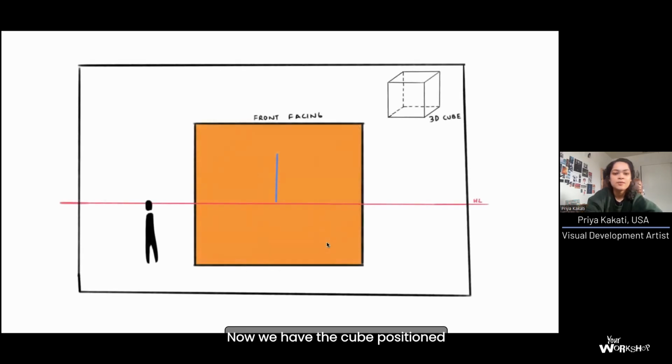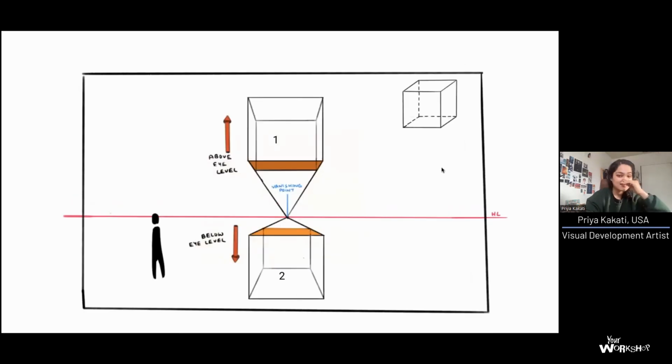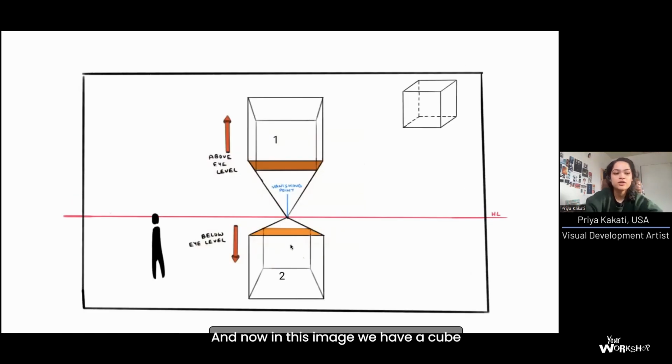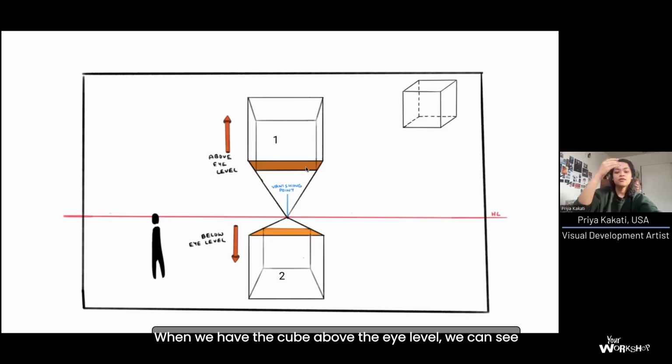Okay. Now we have the cube positioned right in front of our eye with our lines converging towards the same vanishing point. And in this image, we have the cube above our eye level and below our eye level. When we have the cube above the eye level, we can see the front and the underneath of the cube with the parallel lines converging towards the vanishing point.